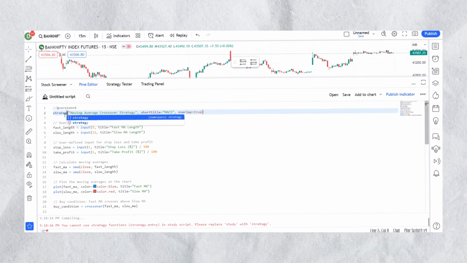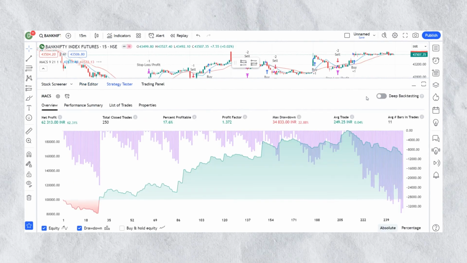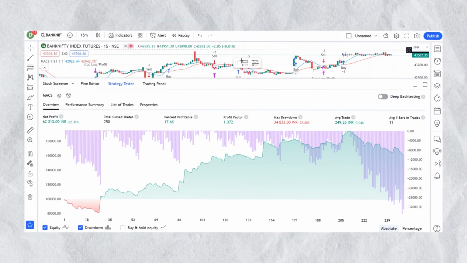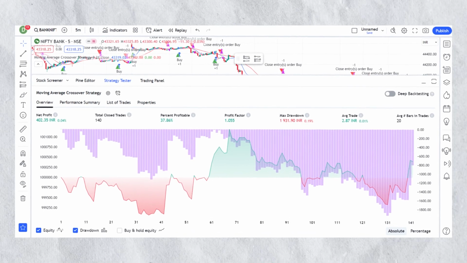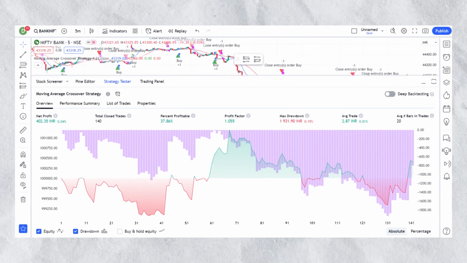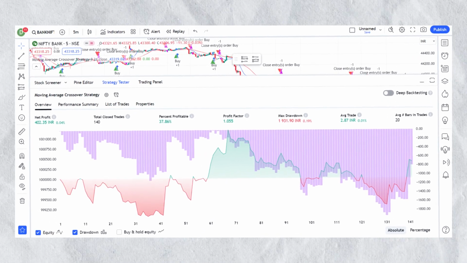Now our moving average indicator is automatically placed on the chart and we can see the results of this strategy in the strategy tester. For example, using the 5-minute candle, we had 272 trades with a profit of 880, a 40% profit rate and a maximum loss of 1.6%.